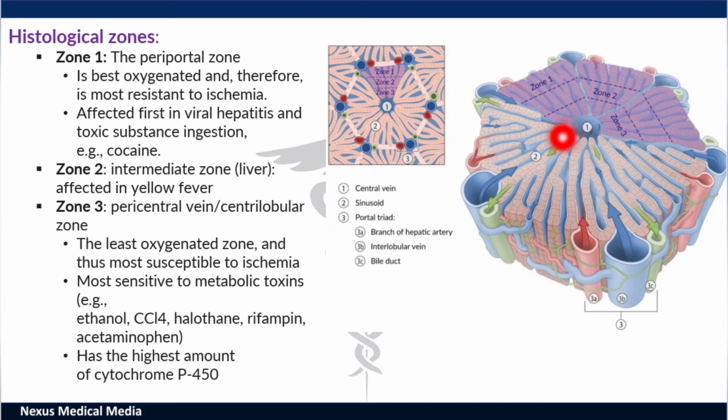This zone is the least oxygenated zone and thus most susceptible to ischemia, and is most sensitive to metabolic toxins like ethanol, carbon tetrachloride, halothane, rifampin, and acetaminophen. If you get in contact with these chemicals, zone 3 is usually affected the most, and it has a high amount of cytochrome P450. We'll talk about the chemistry of cytochrome P450 later, but just know that it plays the greatest role in detoxification.